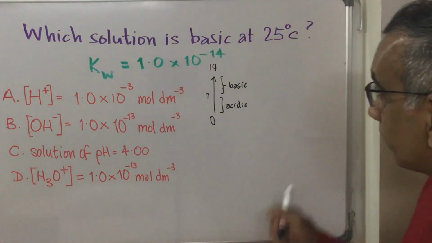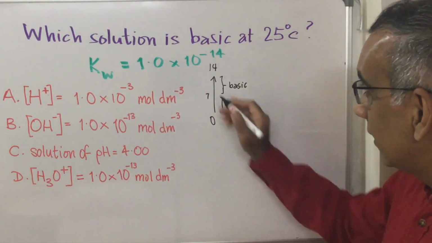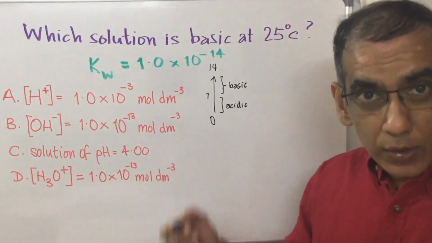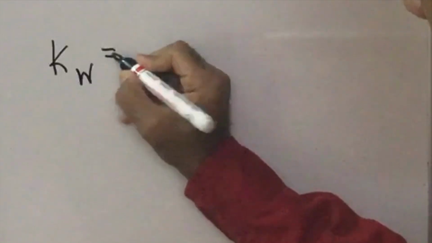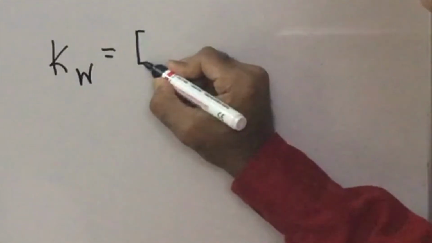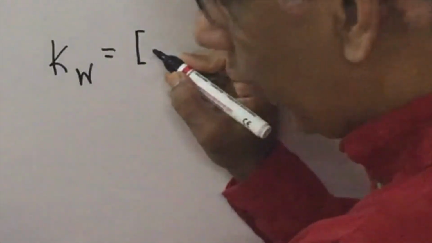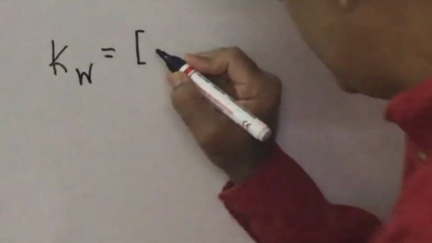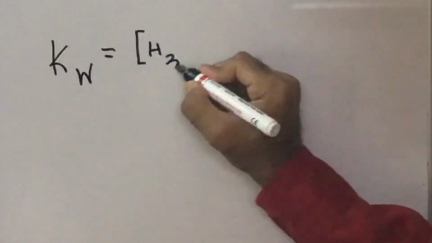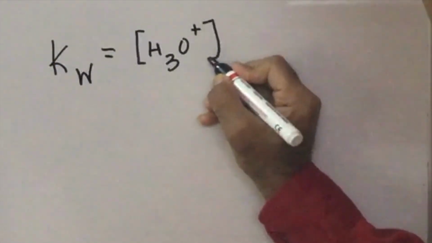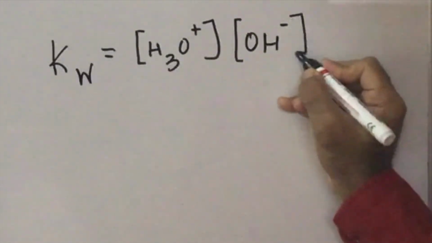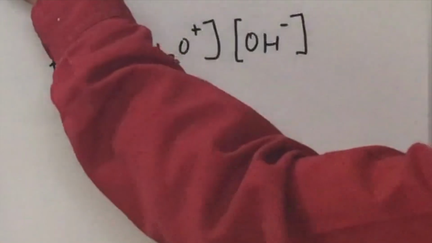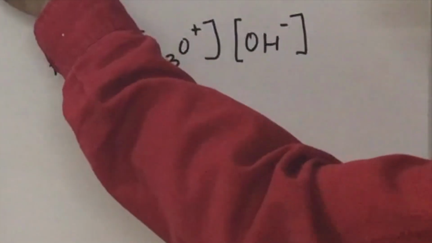So, given this fact, what you need to know is that Kw, the ionic product of water, is made up of the product of the H3O positive ion concentration, or it could be written as H positive, multiplied by the OH minus ion concentration. And then that comes to 1.0 by 10 to the negative 14.